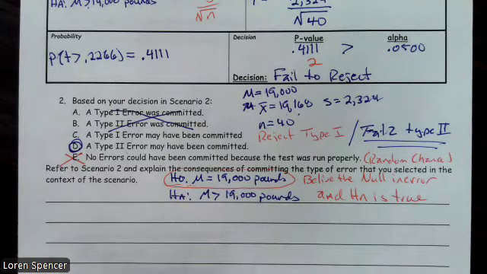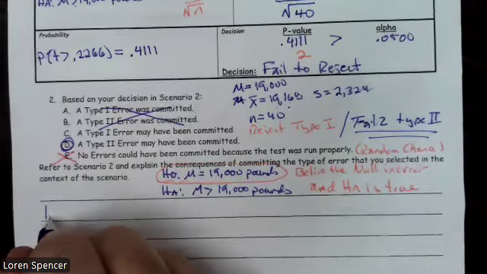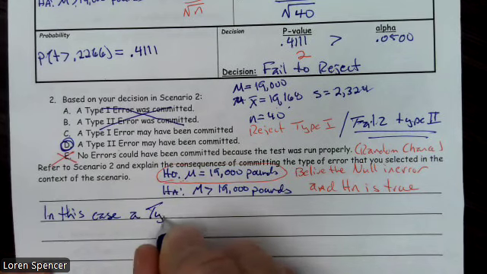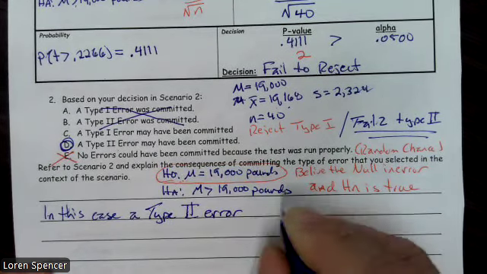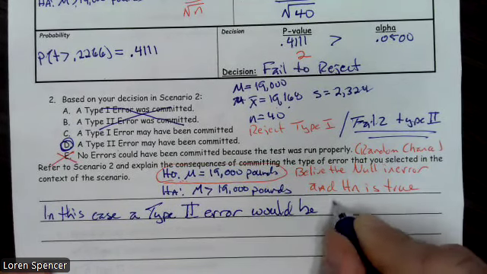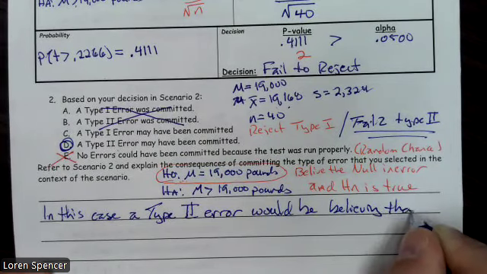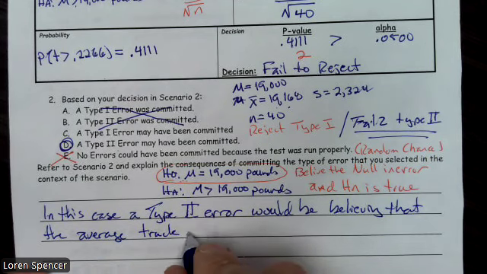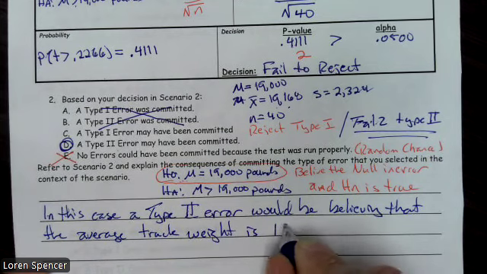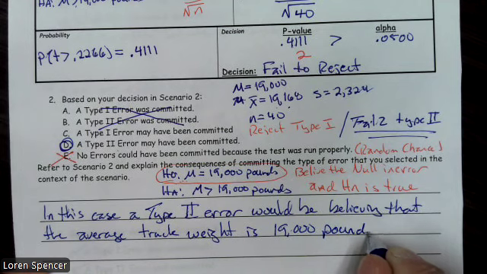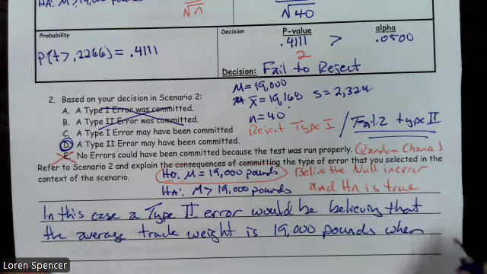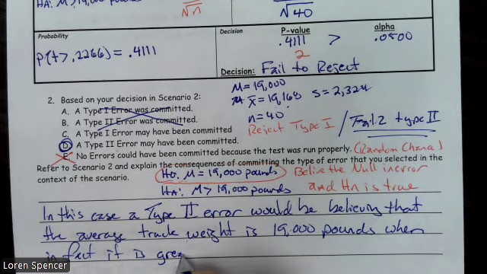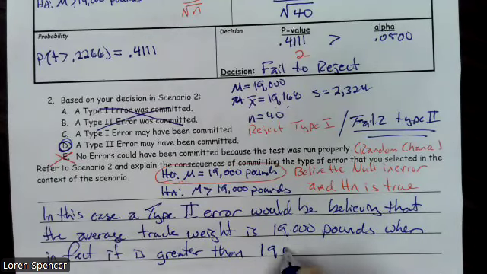Okay? Bad idea. So in this case, a type 2 error would be believing that the average truck weight is 19,000 pounds when in fact it is greater than 19,000 pounds.